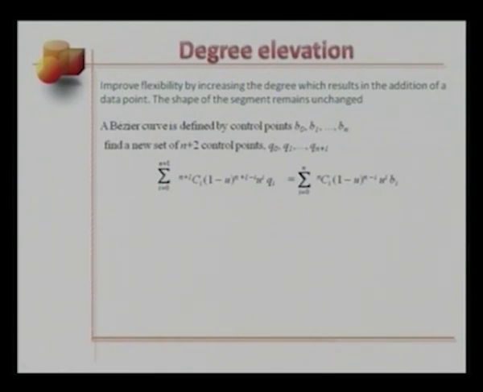What if I say that you multiply this expression by the term 1 minus u plus u? In a sense, you are multiplying this by 1, but it is the terms 1 minus u and u which will elevate the degree of this expression, or of this Bezier curve, by 1. This is precisely what I have just said.